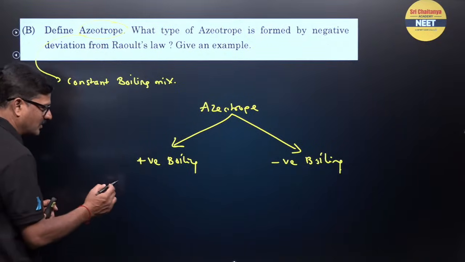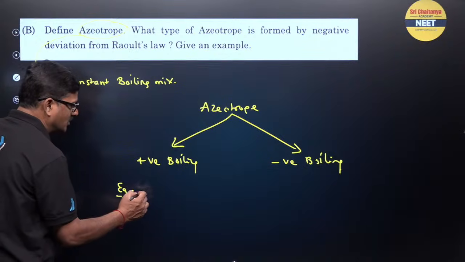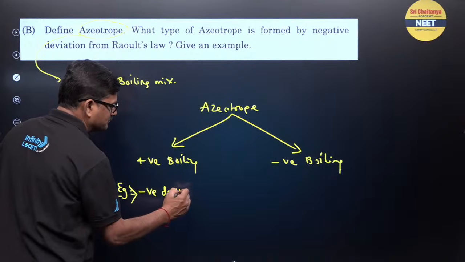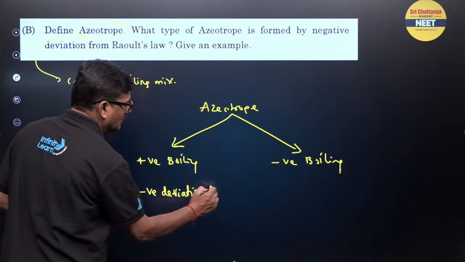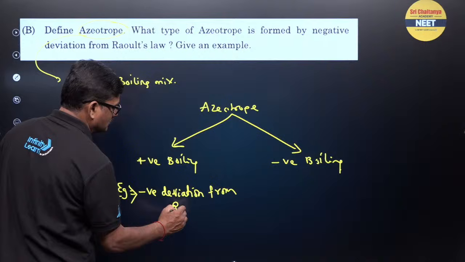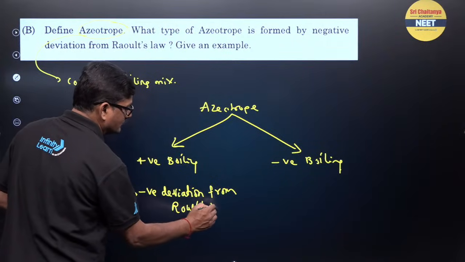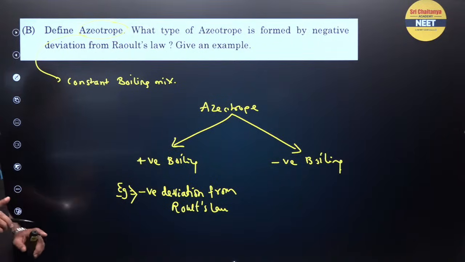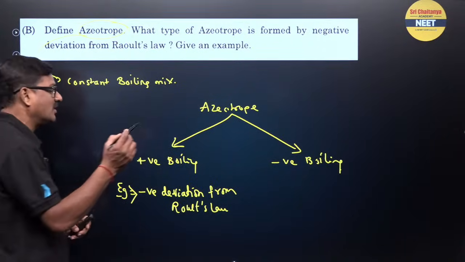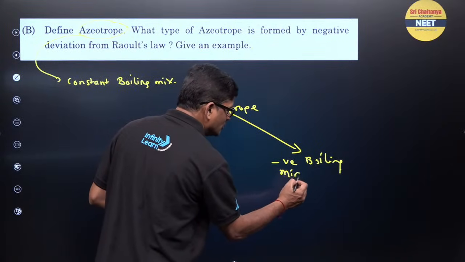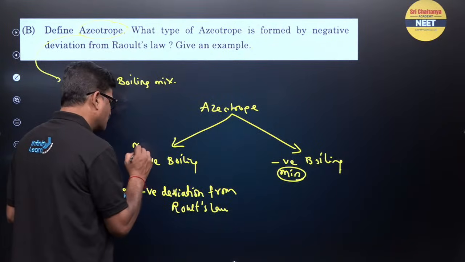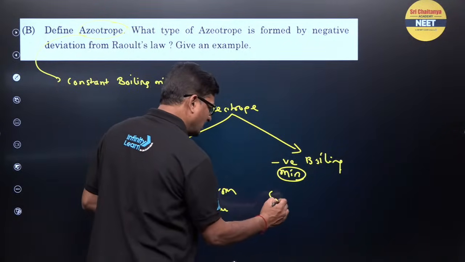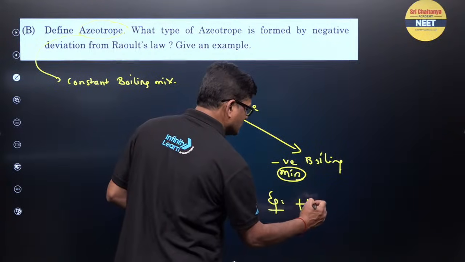Any solution which shows negative deviation from Raoult law forms a maximum boiling azeotrope, and vice versa: any solution which shows positive deviation from Raoult law forms a minimum boiling azeotrope. Simple. Here it is showing negative deviation from Raoult law, so the azeotrope formed is a maximum boiling azeotrope.